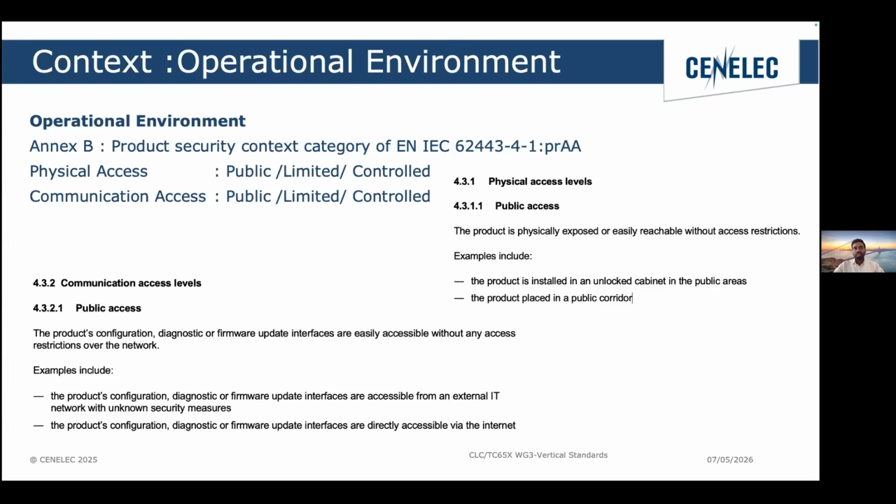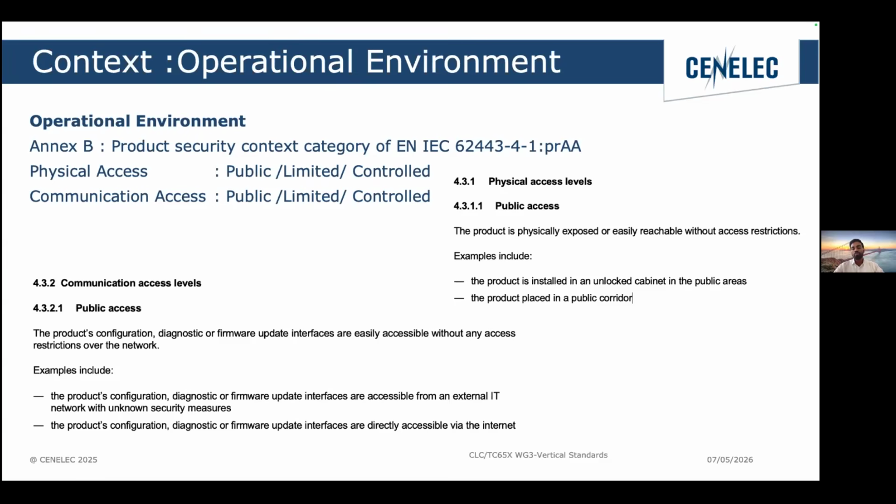The same for the communication access. So you have public, limited, and controlled. The product configuration diagnostic interface is easily accessible without any network restriction. For example, a product configuration or diagnostics or firmware update interfaces are directly accessible via internet. Likewise, the draft also contains examples for limited and controlled environments.